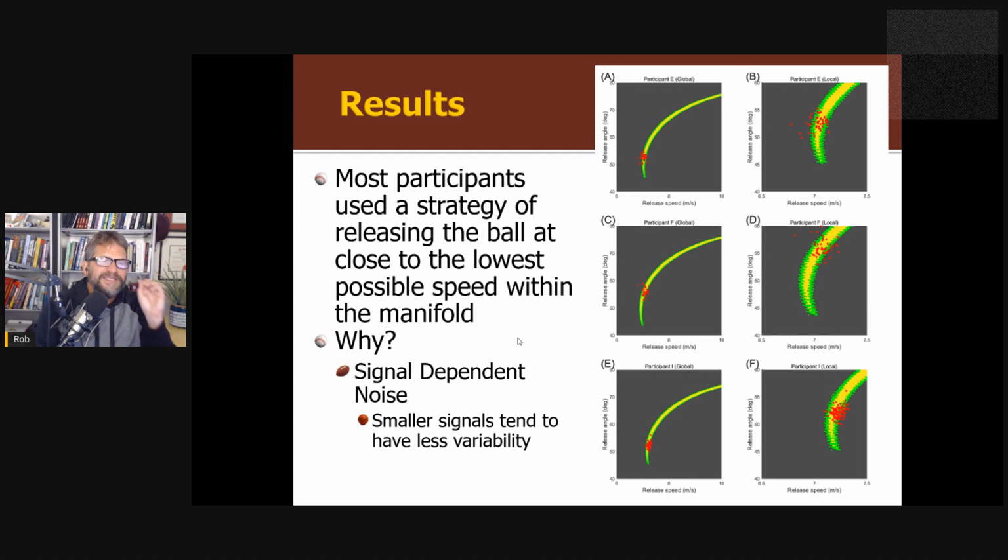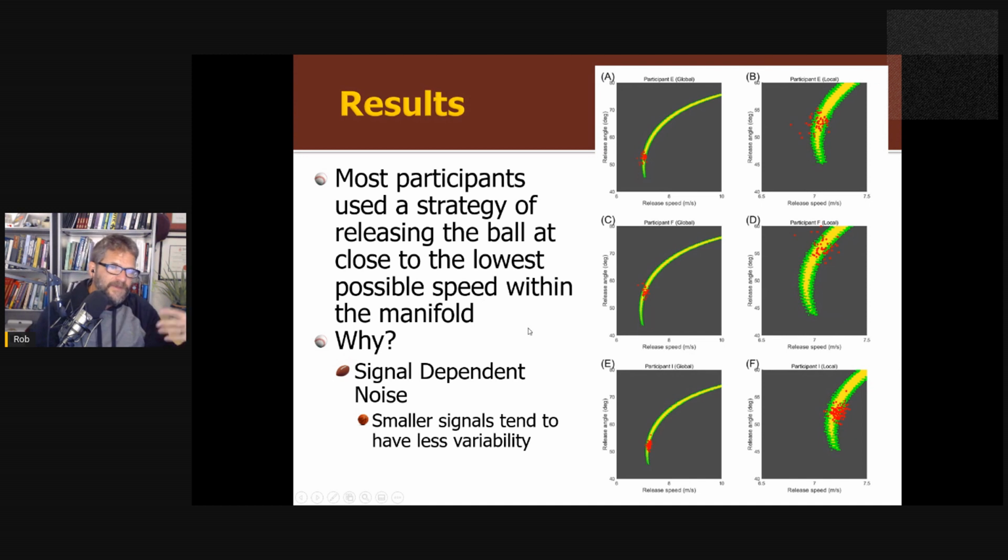But what they found was that most people who learn to shoot basketball without any instruction at all, just based on the task constraints, learn to use the release angle that allows for the lowest possible speed. Why? Because the amount of noise in the actual release parameters, in the essential variables, gets smaller, right? So this is a good example of adaptation to task constraints.